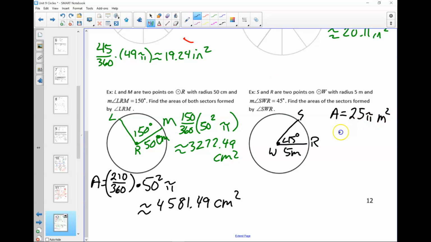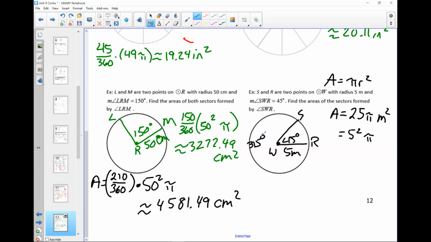How did I get that? Well, 5 squared times pi, from pi r squared. Okay, for that small measurement, that's 45 degrees. But quickly take 360 minus 45, you'll find that the larger arc is 315 degrees.